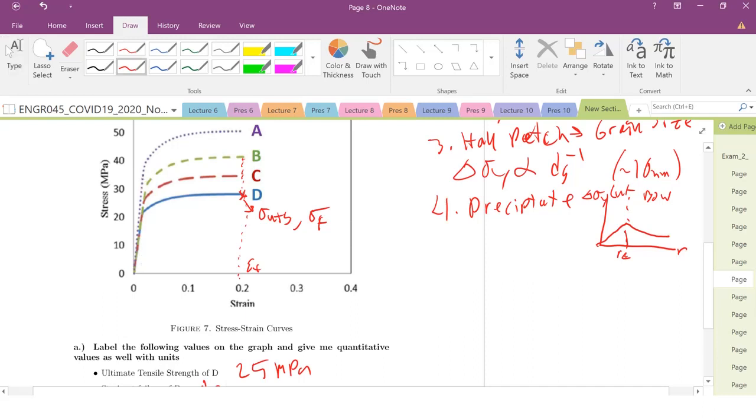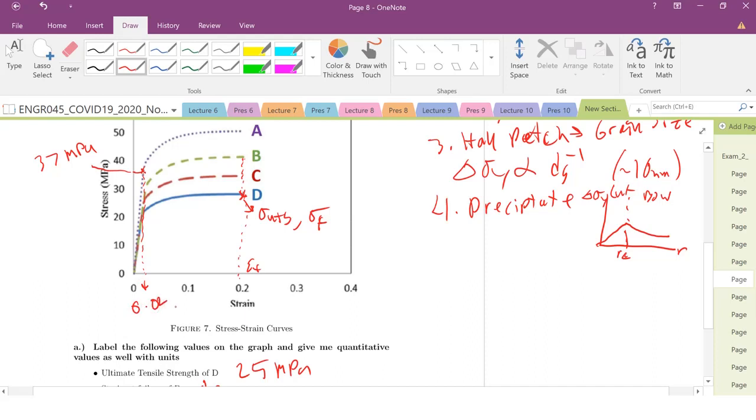Here, I'm going to say we start to lose linearity. So I'm going to scroll down here. I'm going to say this is about 37 MPa. And then we want to look at the strain value here. Let's say this is 0.02 strain.